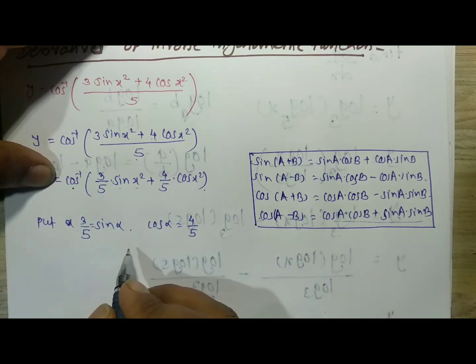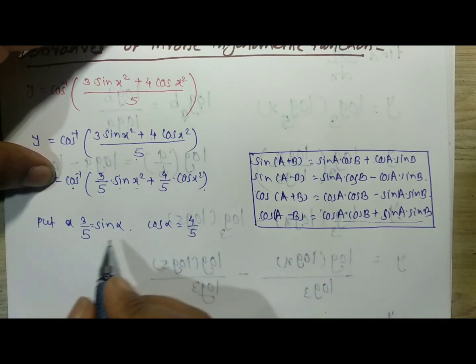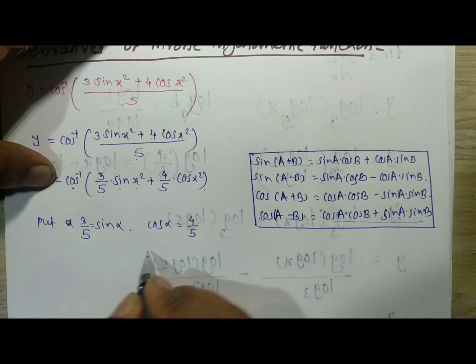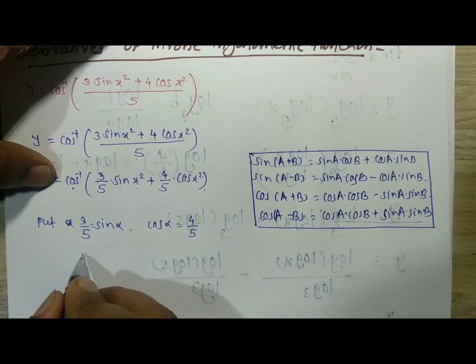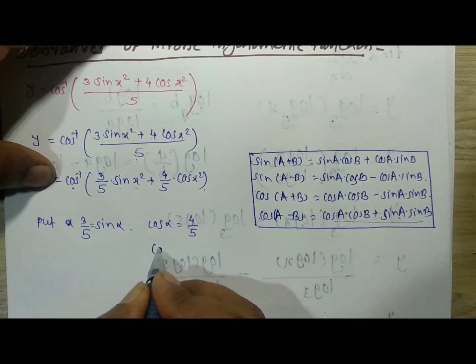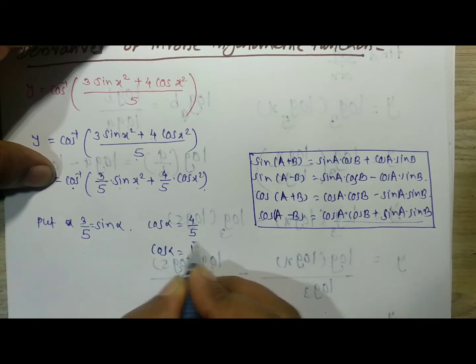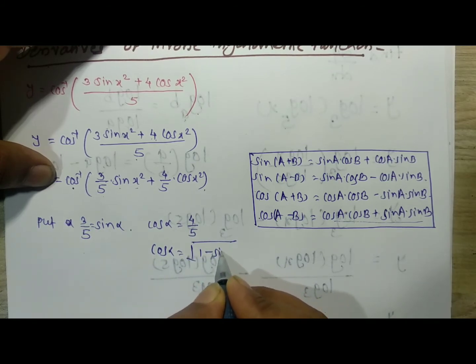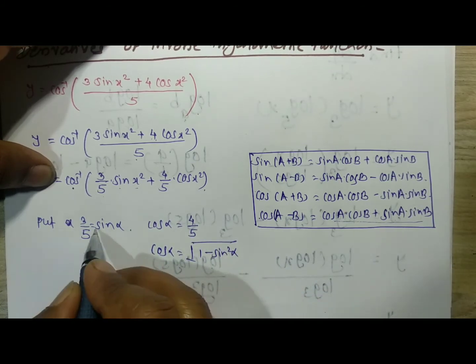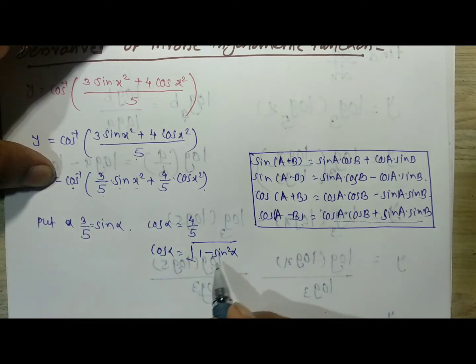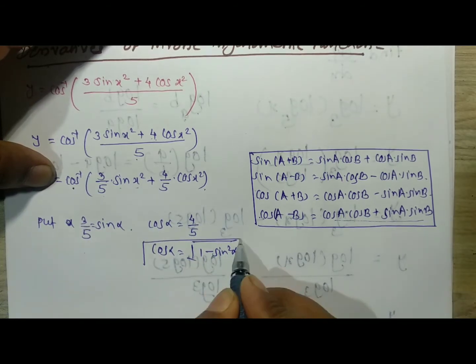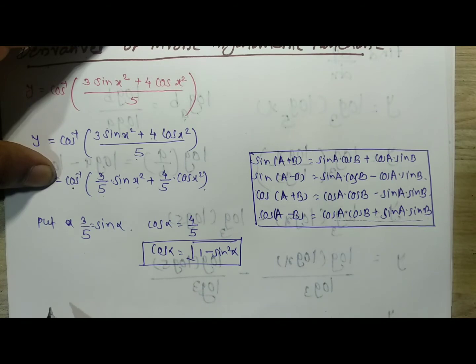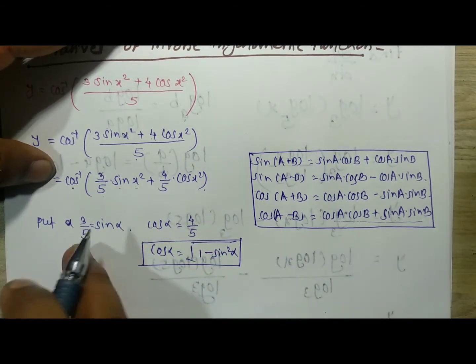Using the formula cos alpha is equal to square root of 1 minus sine square alpha, if you put sine alpha equal to 3 divided by 5, you will get cos alpha equal to 4 divided by 5.